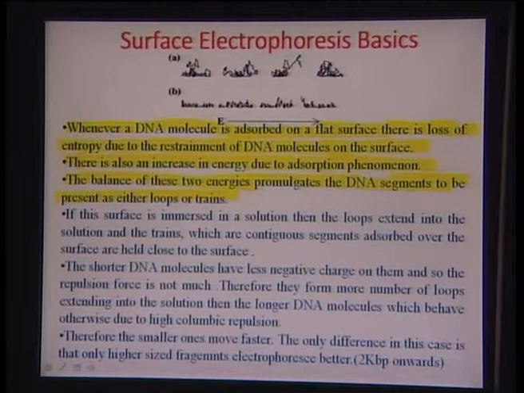So you have a flat surface and you are physisorbing the DNA on the surface, and you essentially have a layer of water over the surface, and the DNA is still physically adsorbed on the surface over which the water is present. So the DNA has a tendency to balance the adsorption energy against the local increase in entropy because of the extreme amount of negatively charged backbone, and there is a configuration which comes out of it which is essentially loops and trains.